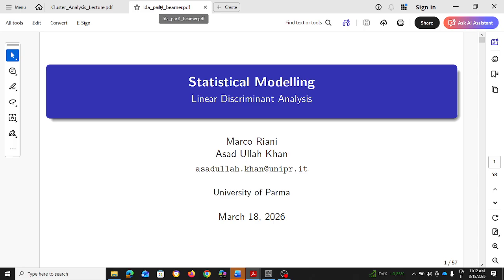If I try to map the same data, what does LDA do? It tries to project this data into some other coordinates.